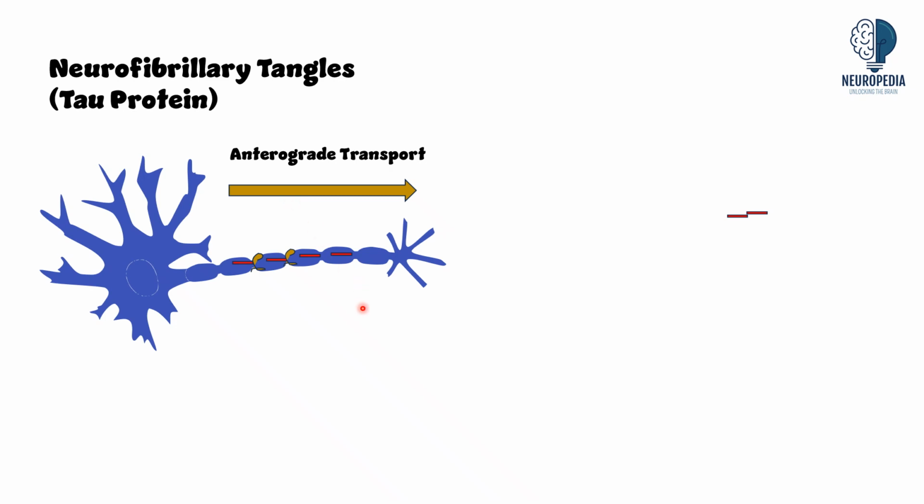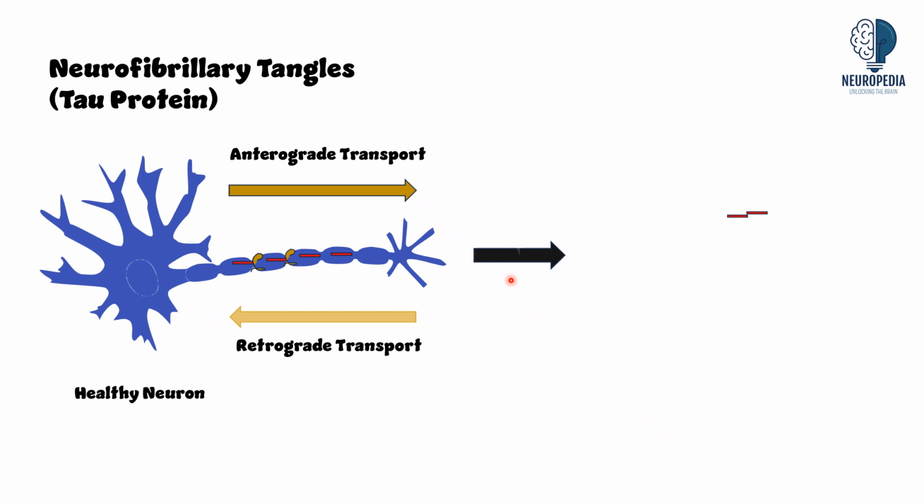And if the transport of material is from the axon terminals to the soma, this type of transport is called retrograde transport. In a healthy neuron, this transport occurs smoothly.